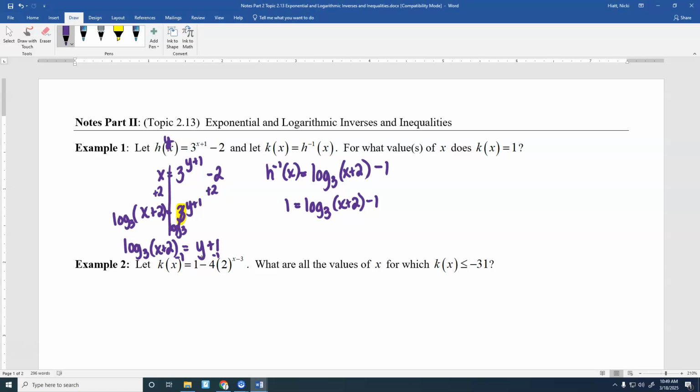So now I need to solve for that x, right? What would I do first? Add the 1. Because it's on the outside of that log, so you want to get rid of it first, and then you'll have to get rid of the log. And what would we do to get rid of that log?